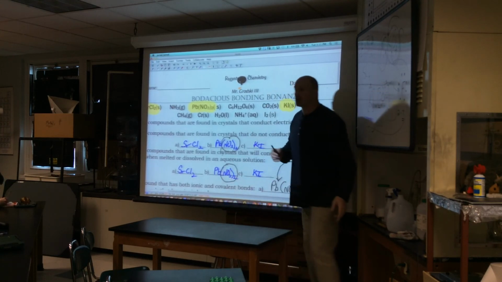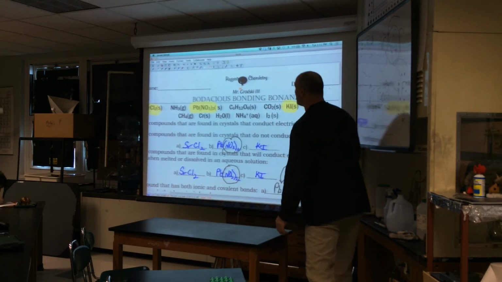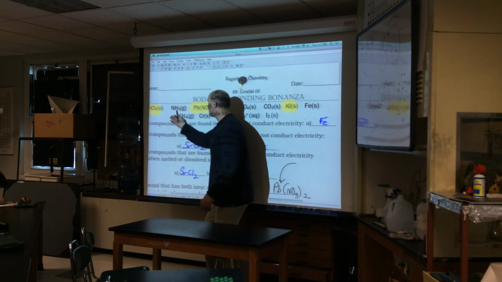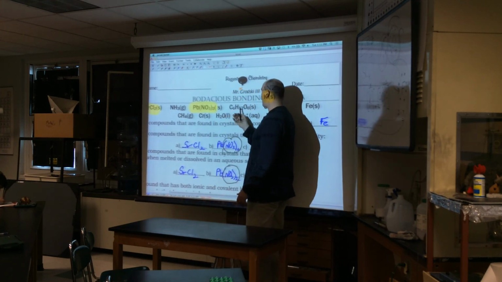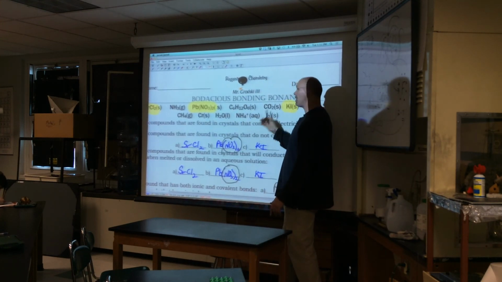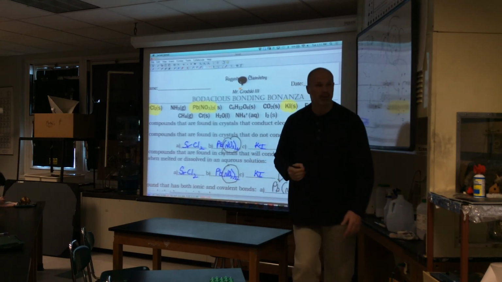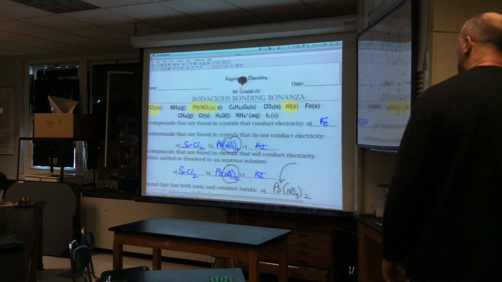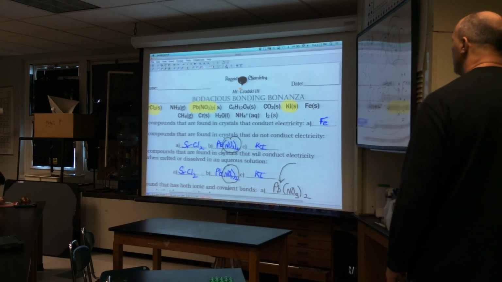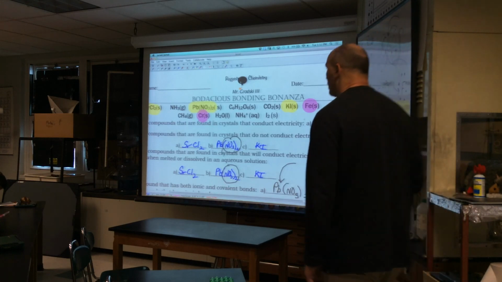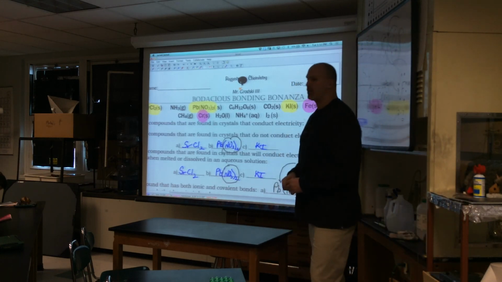The covalent ones are the ones that have non-metal, non-metal. So you should be able to decipher by taking out your ionics and taking out your metallic compounds. You should have left just your nonmetals and follow those. Have a good day.